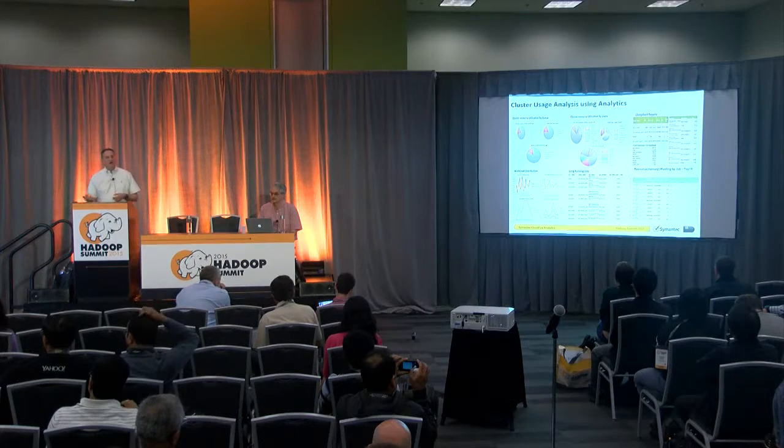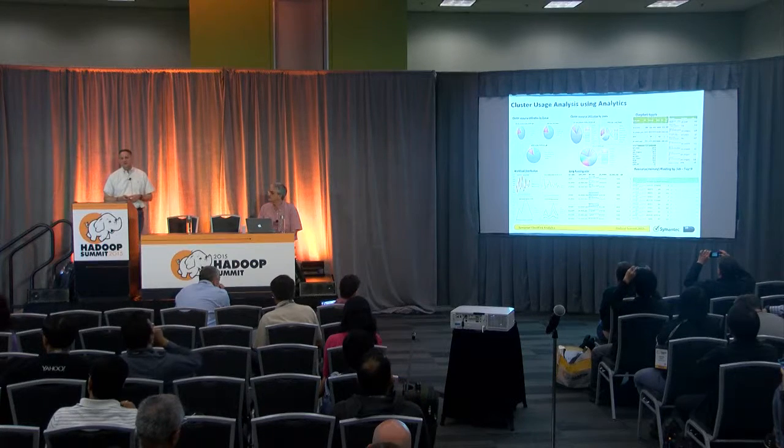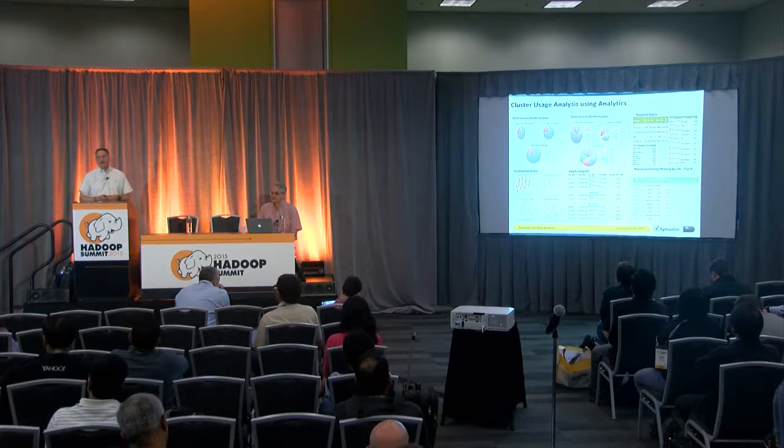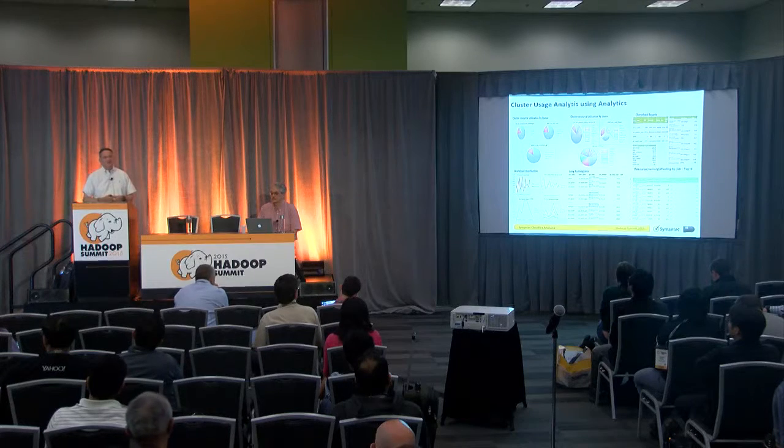That was a UI of Storm, Storm's Nimbus UI, the administrative console for Storm, as viewed via Ambari. Cluster usage is very important, as you can imagine. When you have this much data with several hundred users being able to access it, it's quite easy for those users to access it in an inefficient fashion.